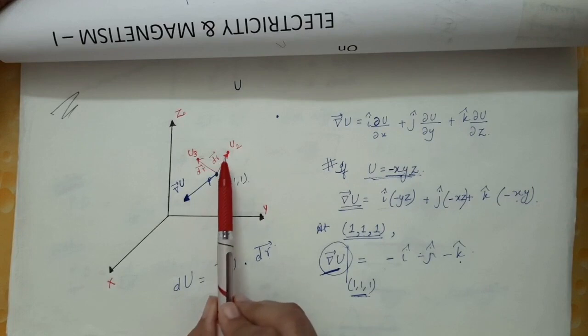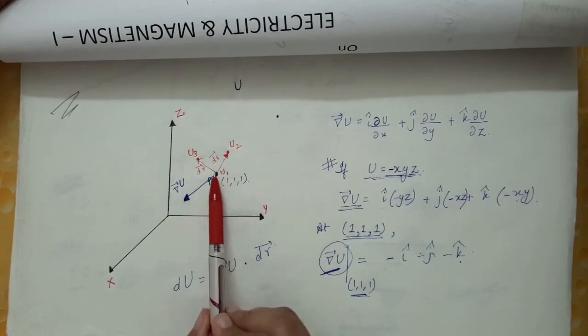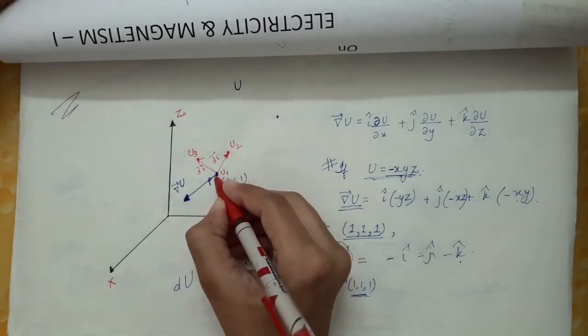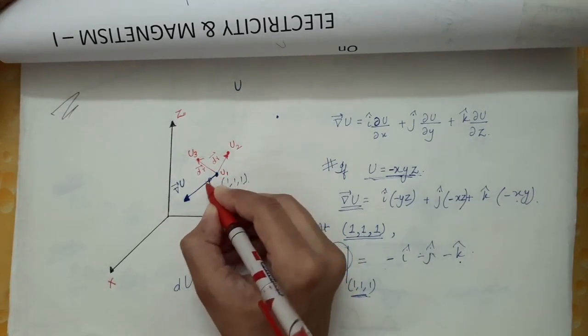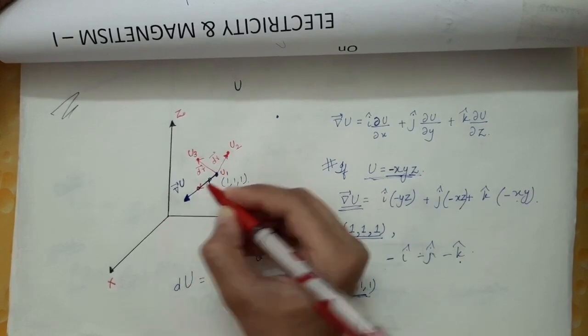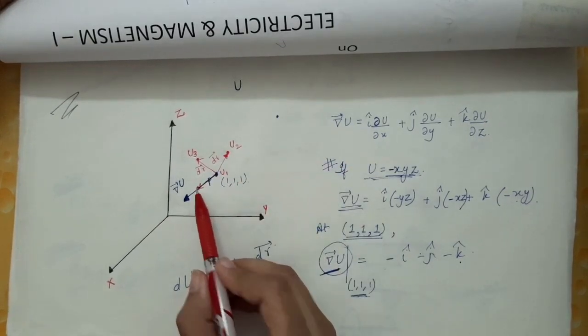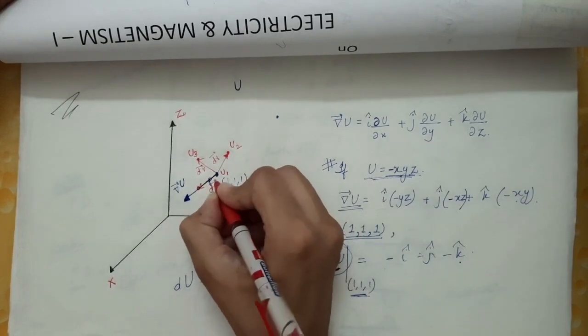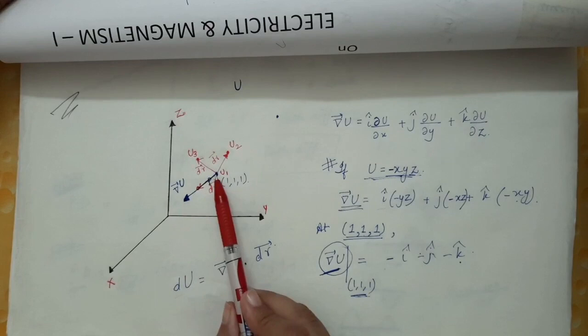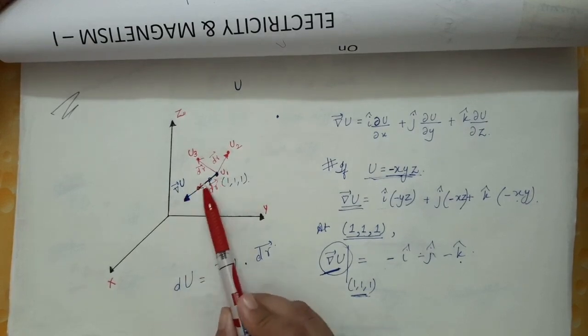There will be some change in this direction and some change in that direction. But now you have reached this point, and dr vector is pointing along the gradient of the scalar field at this point.